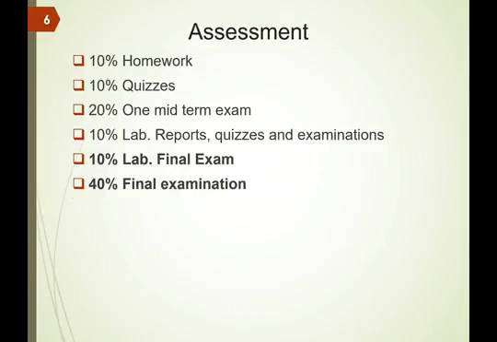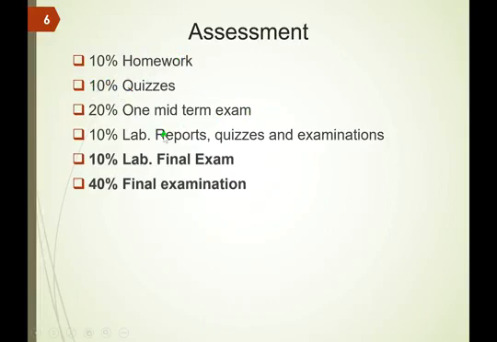So how will you be assessed? We'll follow nearly this assessment scheme. 10% of the overall grade is on homework, and 10% on quizzes. Then we'll do a midterm exam.